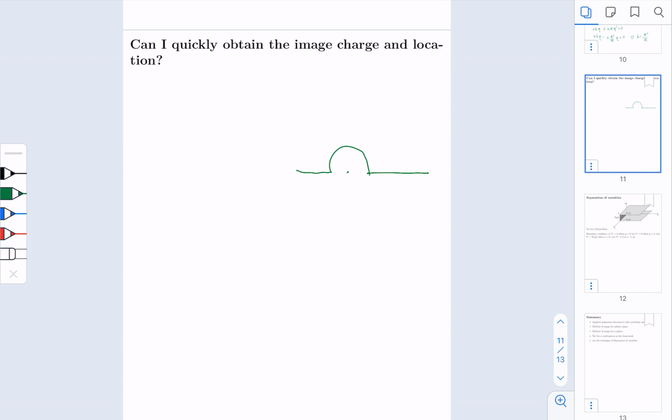So this might be a conductor that has a radius of r, but it's also connected with a plane conductor. But the idea is the same, that you can still try to use your imagination, try to simply test the region where you can put the imaginary point charge.